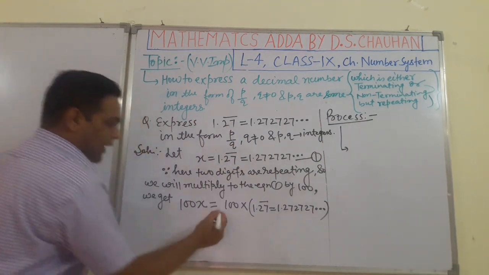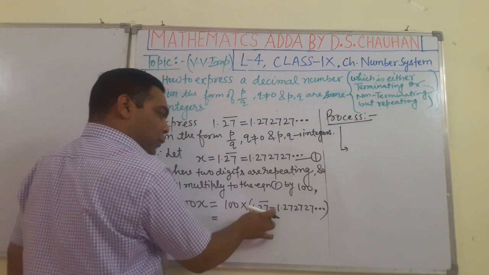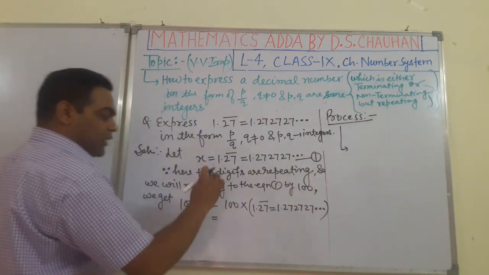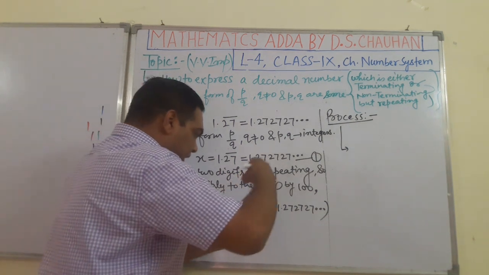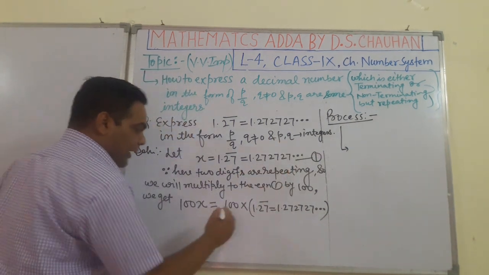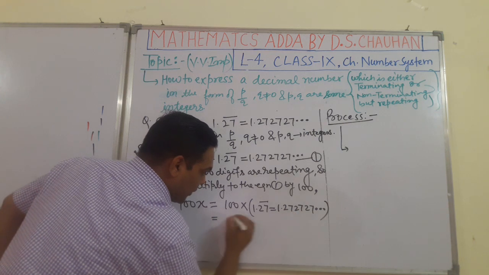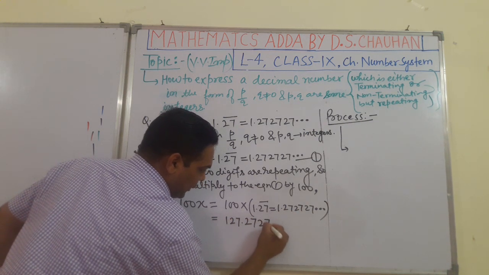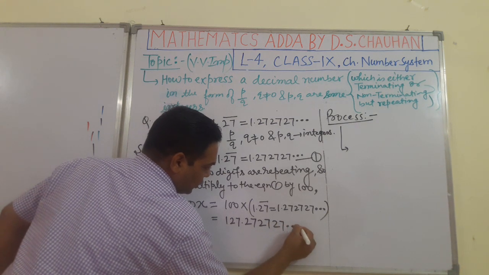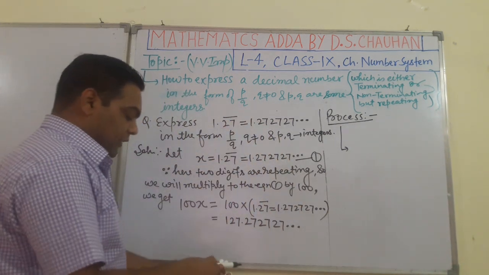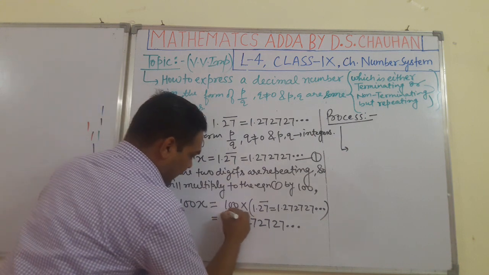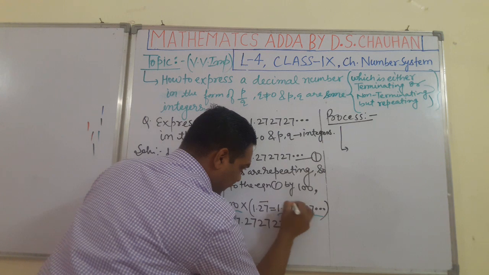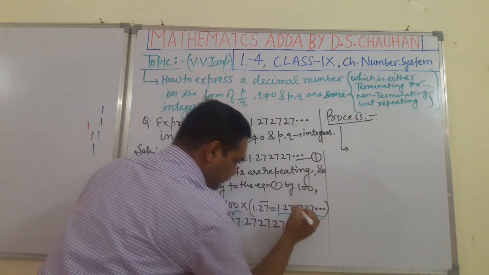As you multiply this 1.27 bar by 100, the decimal will shift 2 digits ahead. So you will get 127.272727 and so on. Why is it so? Because we have multiplied it by 100, so the decimal comes at this place over here.